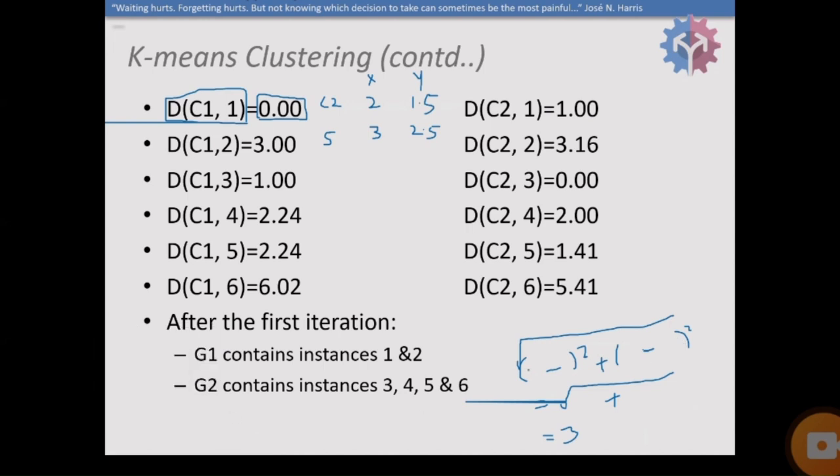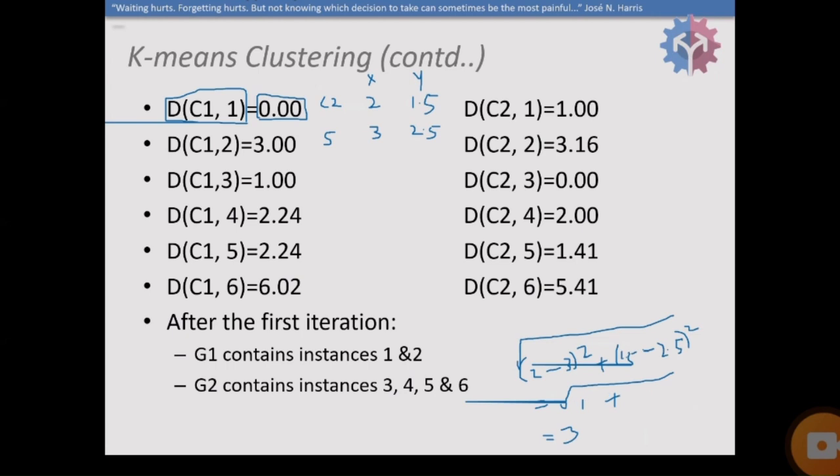So what should I write here in the first one? 2 minus 3 and 1.5 minus 2.5. So 2 minus 3 is how much? 1, and 1 squared is 1.